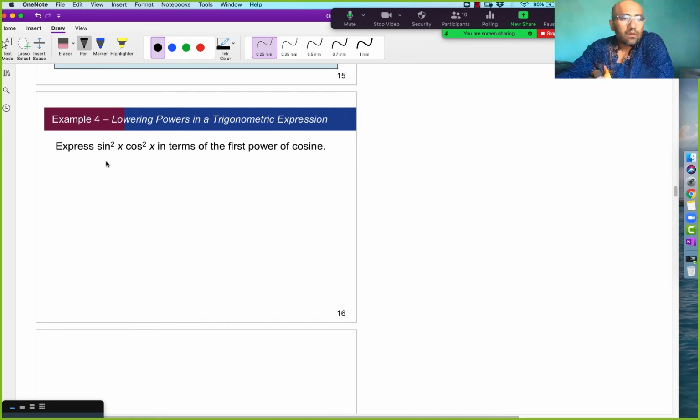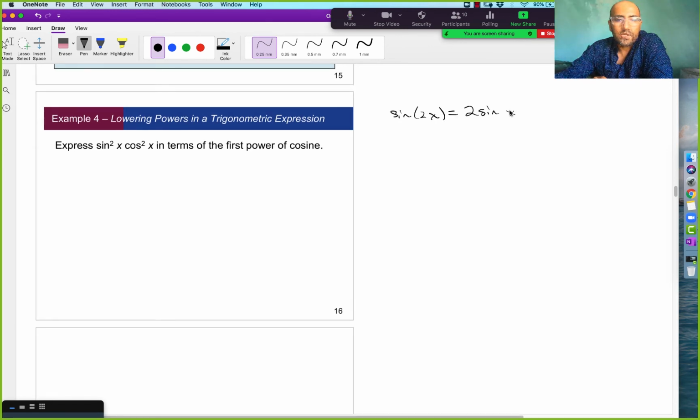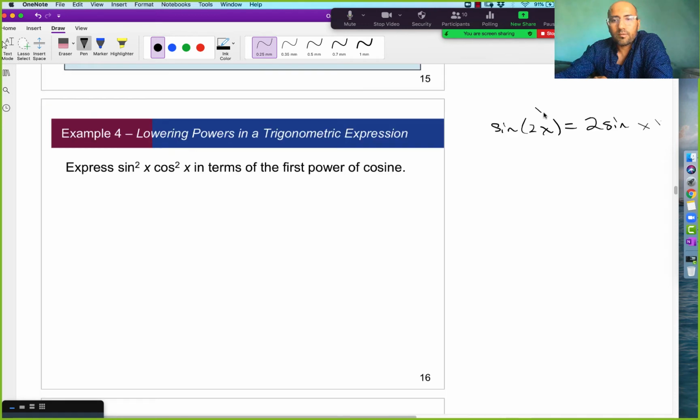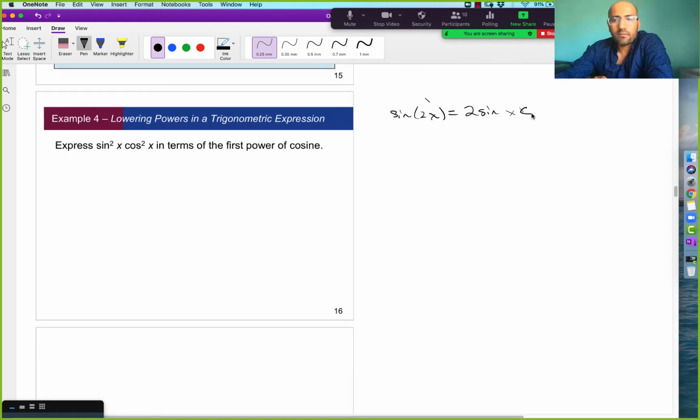Okay, well, you could do this in a couple of different ways. My first thought is that this looks an awful lot like sine of 2x equals 2 sine x cosine x. This looks an awful lot like that, except it's something to do with a square.